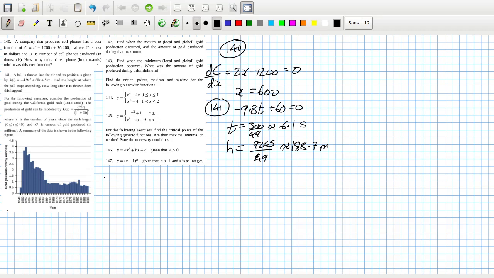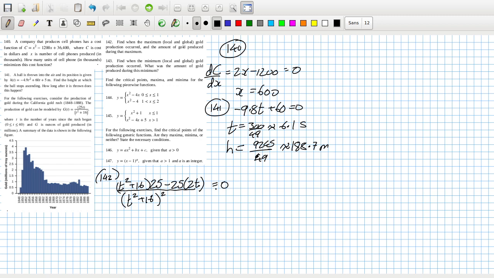Okay. For the following exercise, consider the production function given there. 142. Find when the maximum, local and global, so that would be this one here, occurred. So the derivative: the bottom squared, the bottom times the derivative of the top minus the top times the derivative of the bottom.